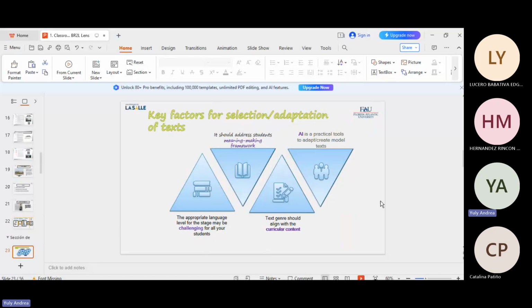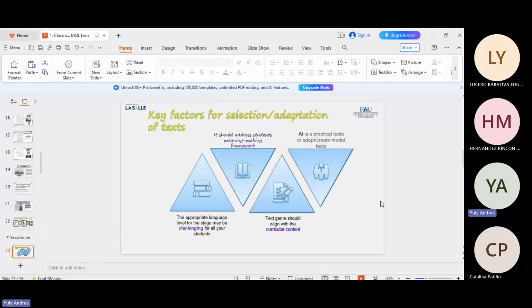The first one is that you need to select a text that is challenging for all your students. It doesn't have to be a very easy text; it needs to be challenging for the students. The second thing is that you need to address the students' meaning-making framework, and I will show you some examples of what I mean with this.